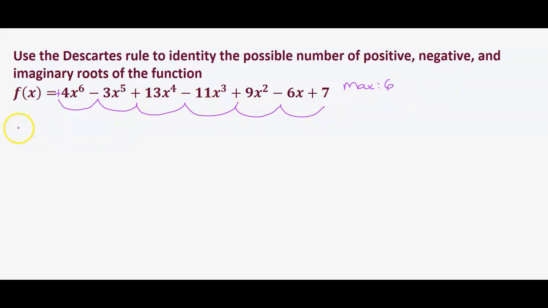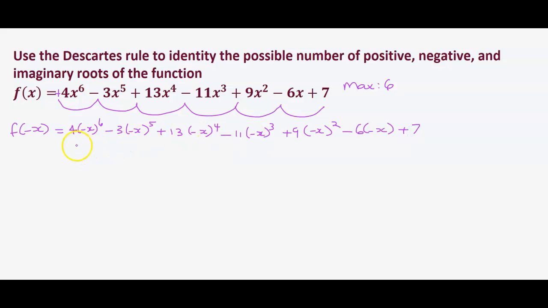Then we'll go ahead and find f of negative x, which is going to be 4 times negative x to the 6th power minus 3 times negative x to the 5th power plus 13 times negative x to the 4th power minus 11 times negative x to the 3rd power plus 9 times negative x to the 2nd power minus 6 multiplied by negative x plus 7. So let's go ahead and simplify.